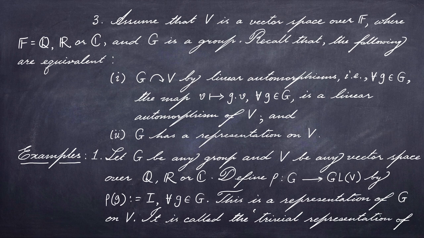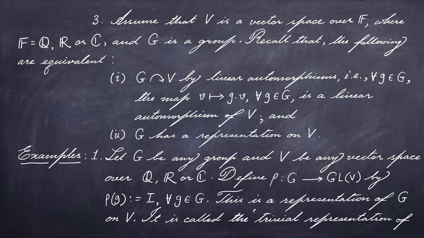So a representation of G on a vector space V is the same as saying that G acts on that vector space by linear automorphisms. Now I will give some common examples of representations. Again, let me remind you that a representation is nothing other than an action of a group G on a vector space by linear automorphisms.